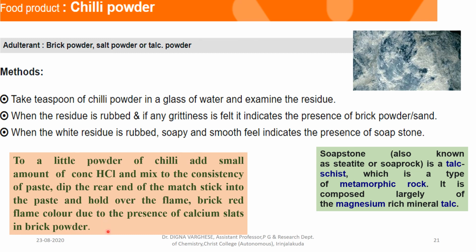Actually, one of the components in brick powder is lime, so it is a salt of calcium. So we are using the flame test here to identify the presence of calcium salts in chili powder. That indicates the presence of brick powder, that is, the chili powder is adulterated with brick powder.